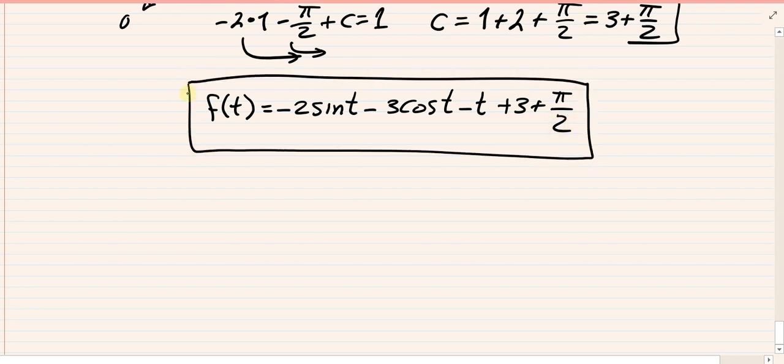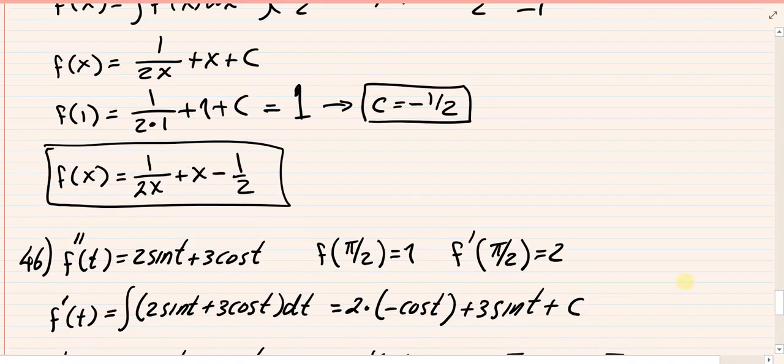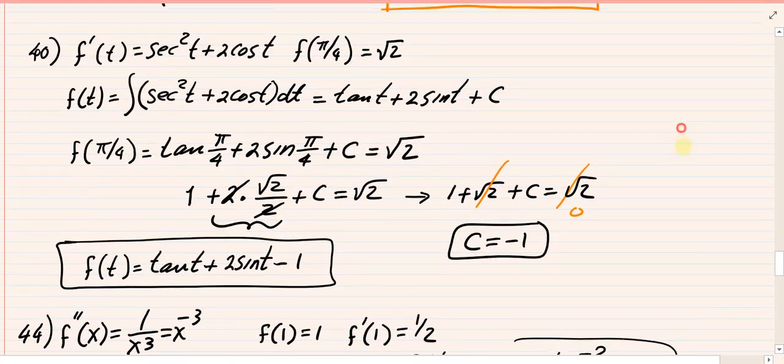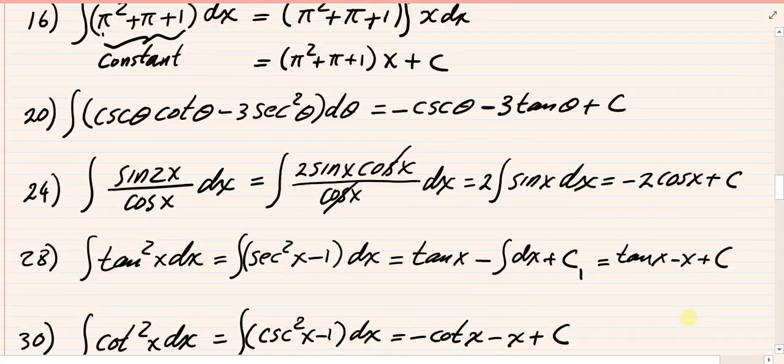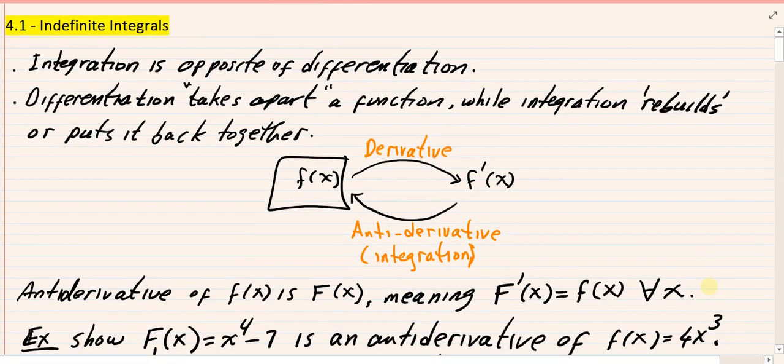And that's going to be the form of the function. Okay, and there we have it. So with that, we are done with this lecture and with this first section of integration. Okay, and that's all.